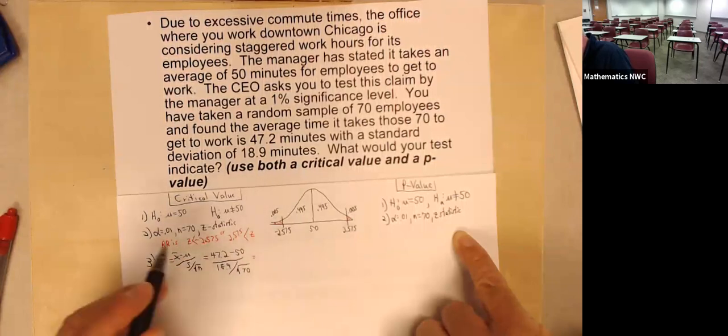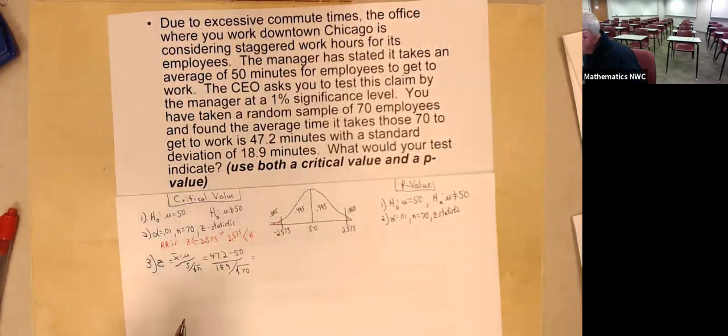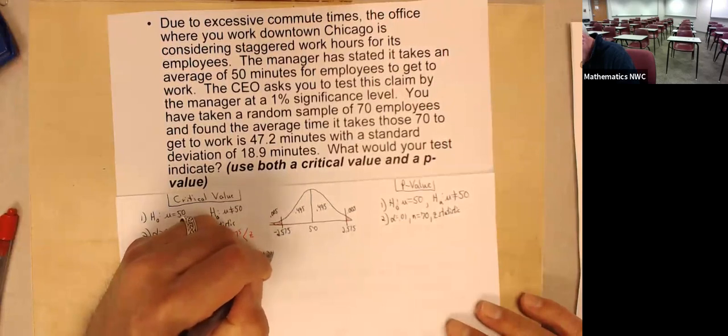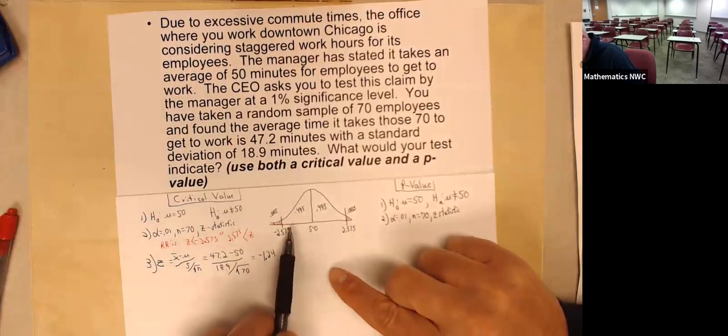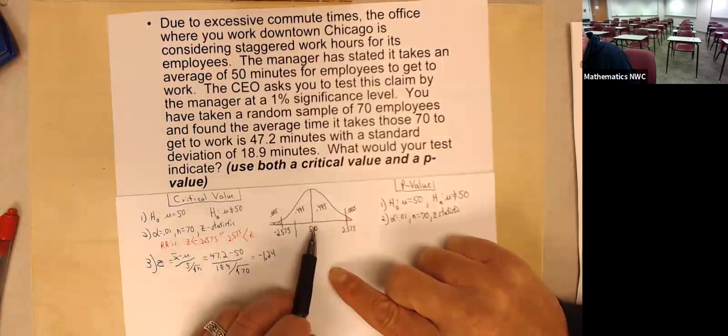Well, you got to calculate all that out. And again, that's going to be something they would expect that you can do. Let's talk about what that would be here once. Turns out to be a negative 1.24. Well, do you see that a negative 1.24 does not get into that rejection region? 1.24 is about over in here someplace.